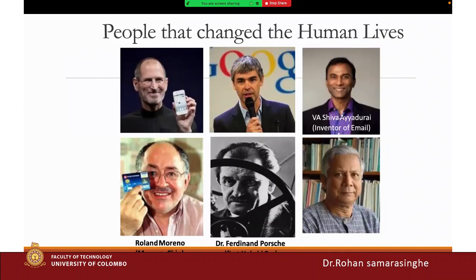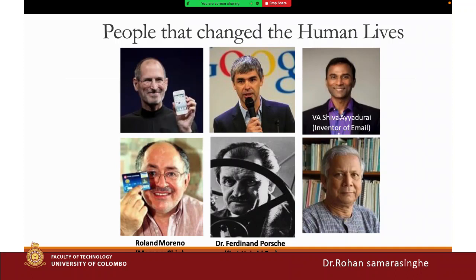And this is another set of people who change human lives. You know Steve Jobs, and the inventor of the email, and also the memory chip, Ronald Morano, and Dr. Farid, he invented the first hybrid car.